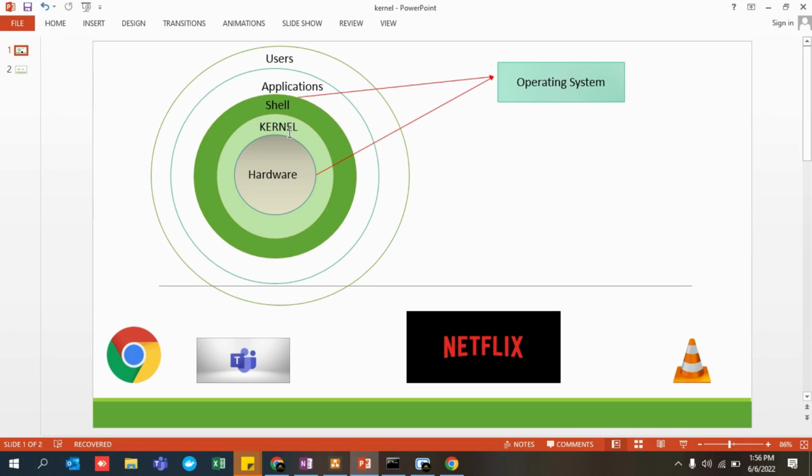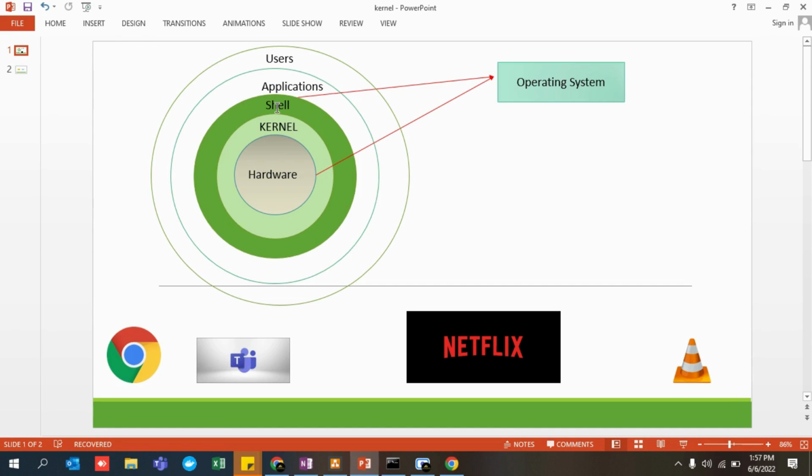On top of the kernel there is a shell. Why is it known as shell? Shell basically means an outer covering. We call it that because it is directly in touch with the users, and the kernel is in touch with the hardware.